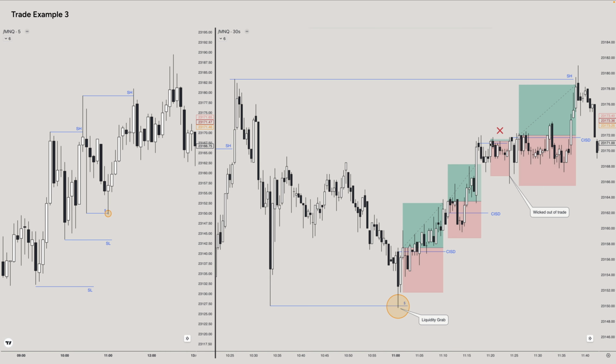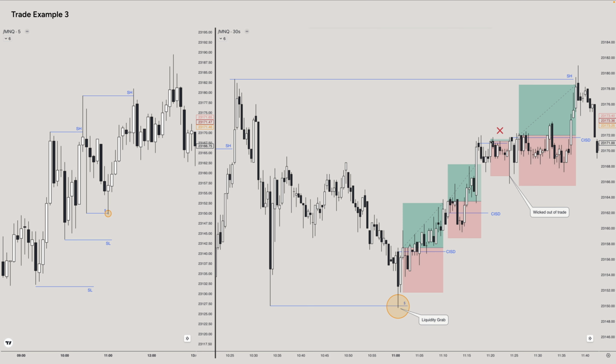So I would take this trade any day, because according to the rules of the strategy, it's a valid setup, because this is our next 30-second trend pullback. We mark out the candle body open, and we have a candle closure just above our CISD line, and just above is good enough.